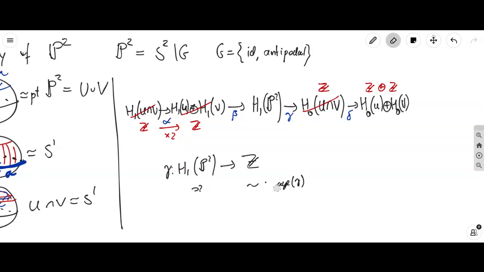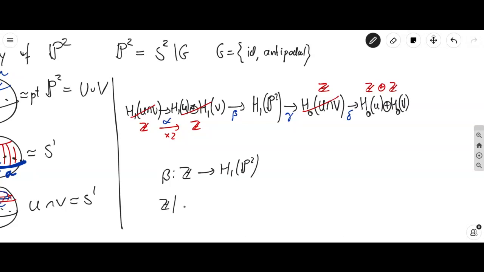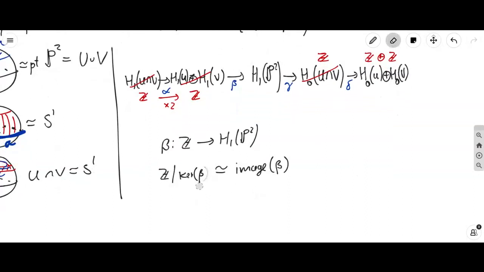Actually, I do not think I want this. Sorry about that. I want to focus on the map beta. So beta is a map from Z into H1 of P2. And so Z mod the kernel of beta is going to be isomorphic to the image of beta. Now because the sequence is exact, the image of beta is the kernel of gamma.